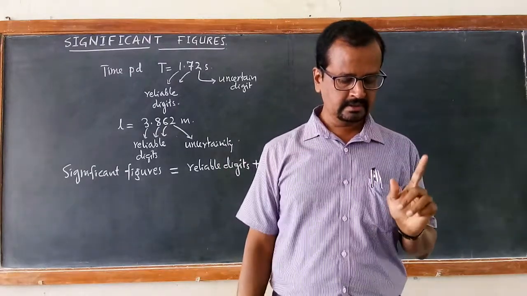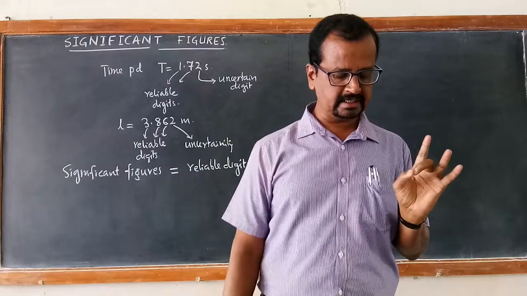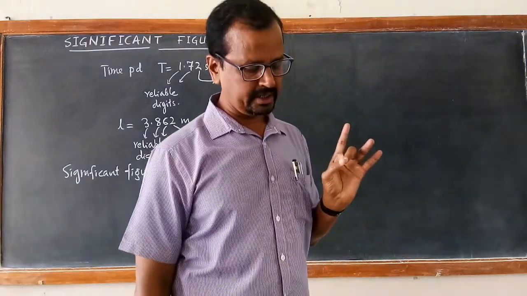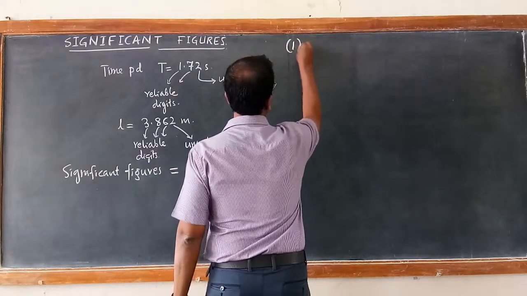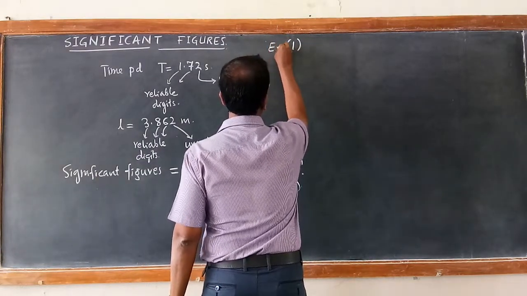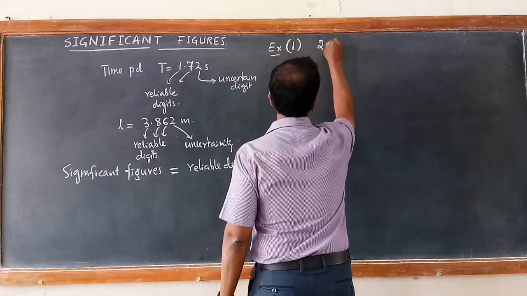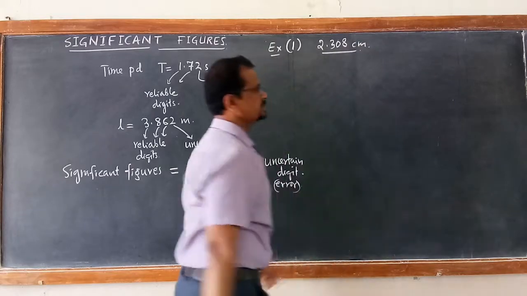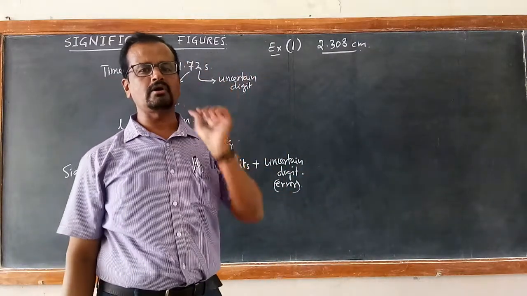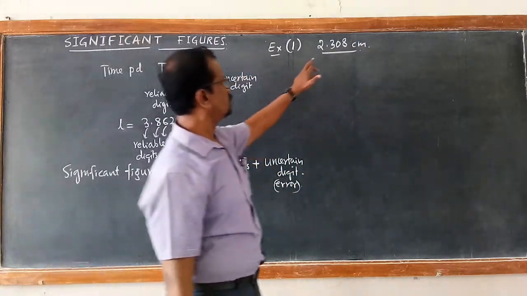For example, let us take a length of 2.308 centimeter. Let us say this is the thickness of a wooden block.